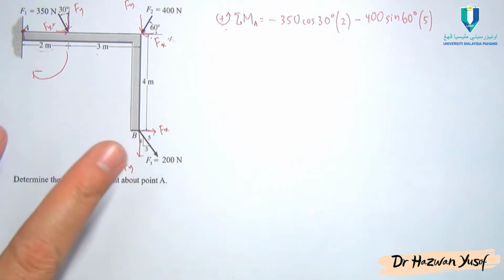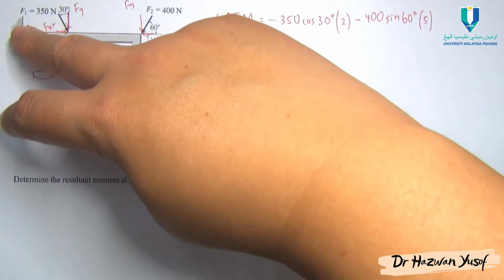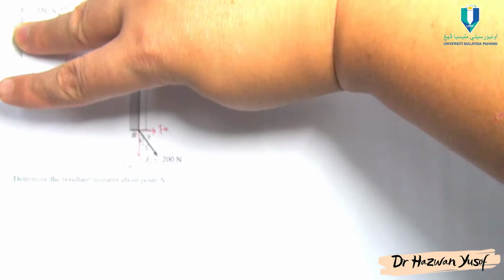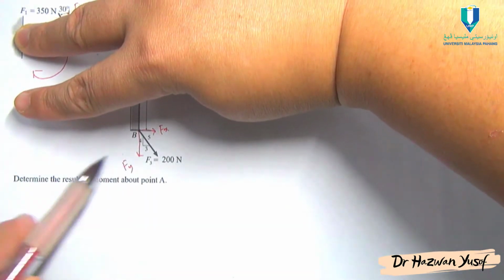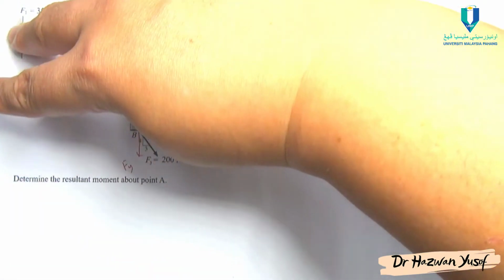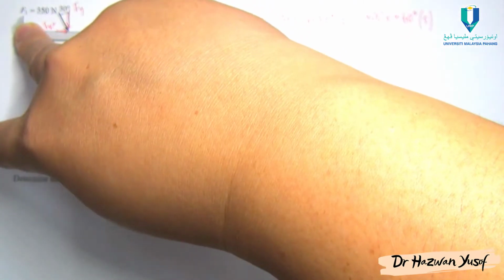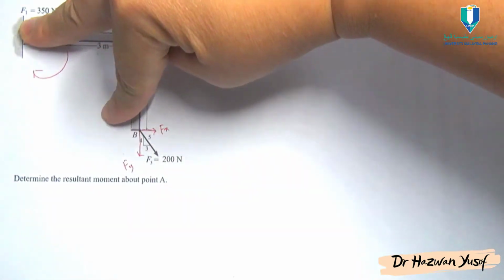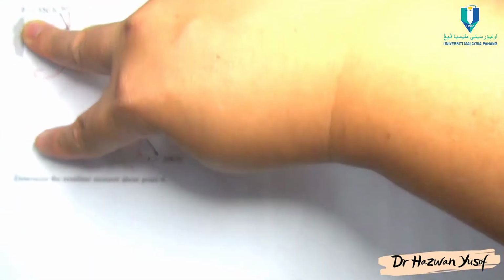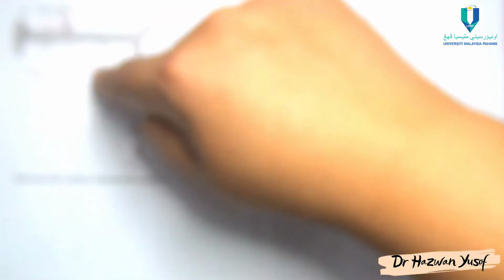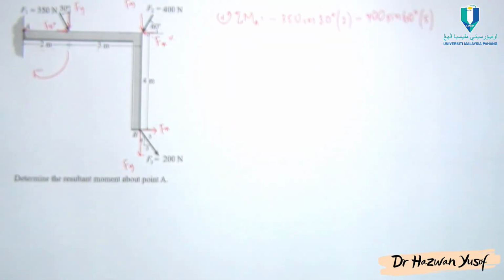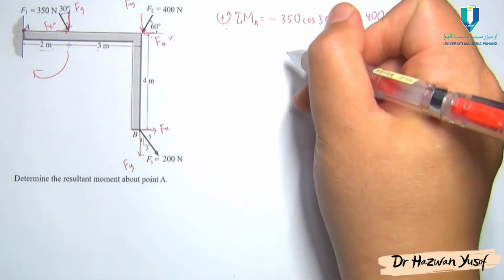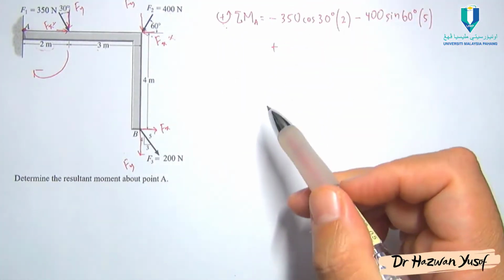Again, use your two fingers. One finger at the rotation point A, and as you can see, Fx is pointing to the right side, so you move your finger to the right side. It will create a counterclockwise rotation.